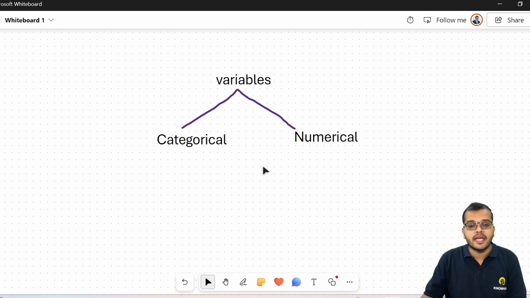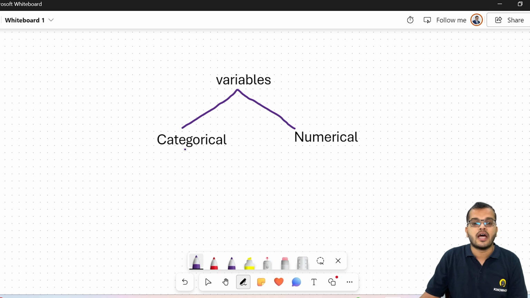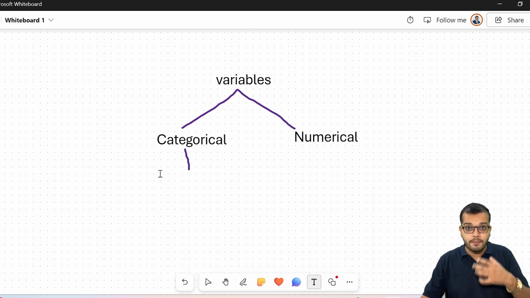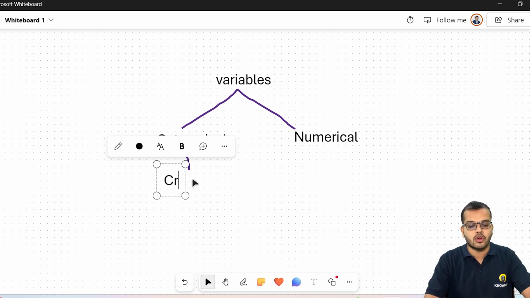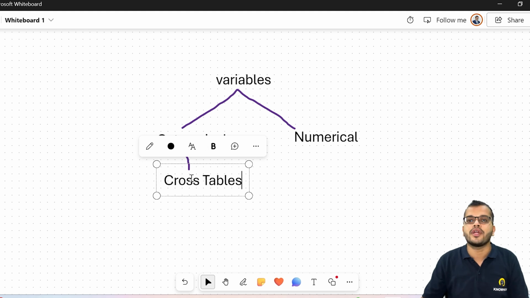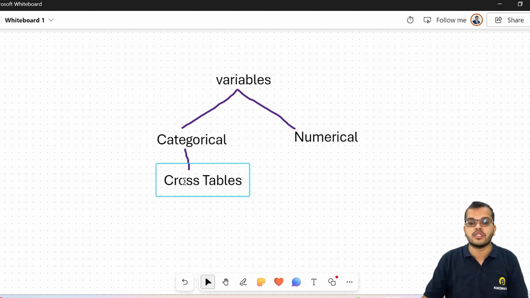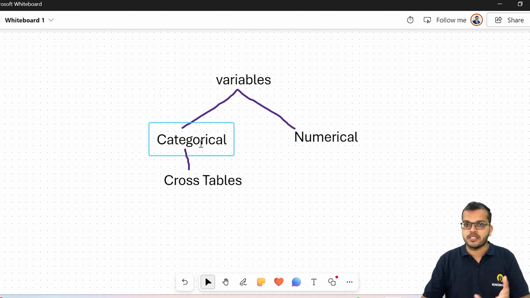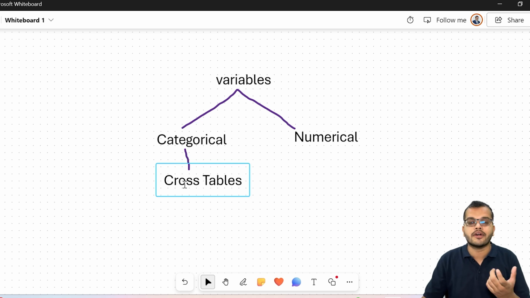Now, if I again categorize this, under categorical data, if we would like to represent it, then we can go with something called cross tables. We are going to learn about cross tables. So when I specifically talk about categorical, then cross tables come into the picture.